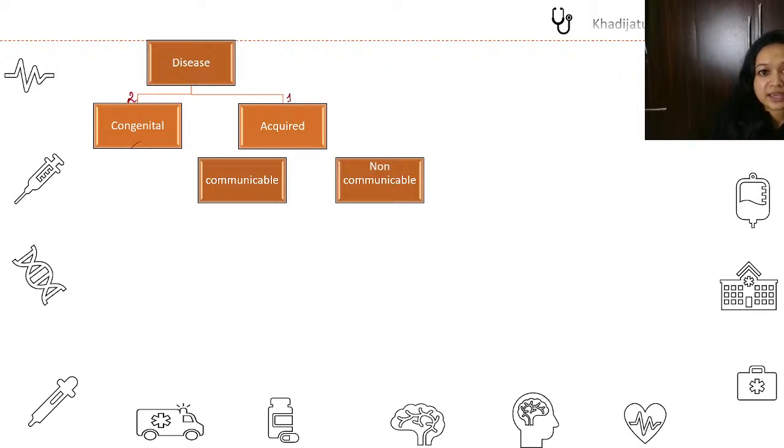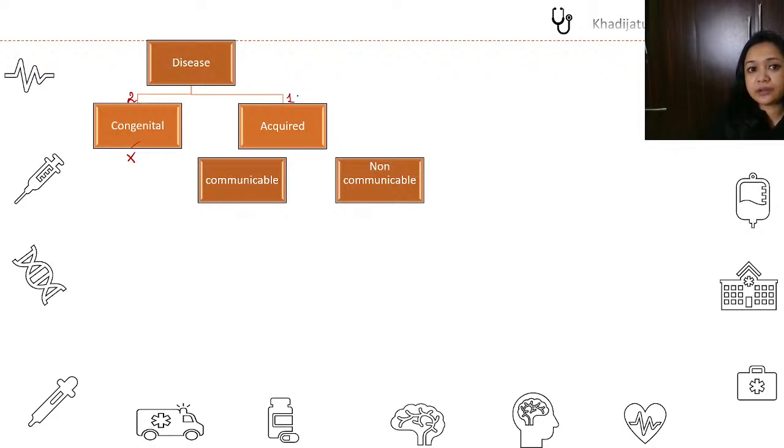Number one is acquired disease and number two is congenital disease. Congenital simply means the genetic disorders. We will not discuss this in human health and diseases. We have to study genetic disorders in detail in the chapter genetics, okay?